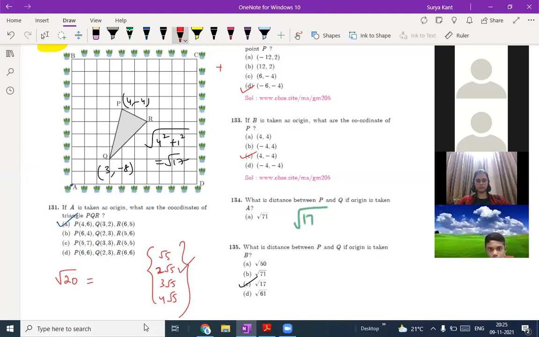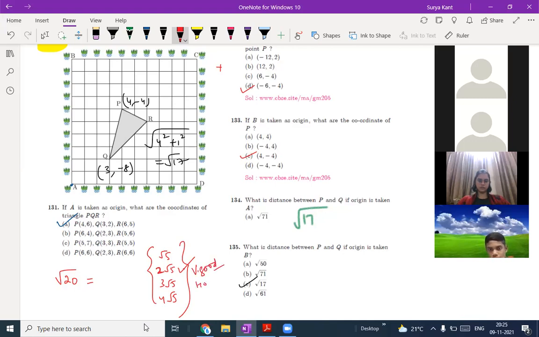Teja, can you speak now? Unmute your mic at least now. Leave it unmuted. Why are you muting again and again? Do unmute. This answer is correct. Very good.